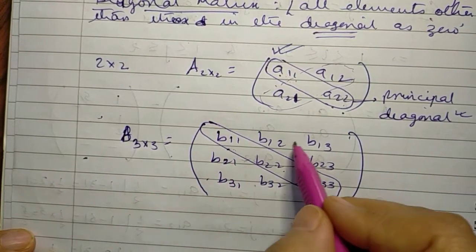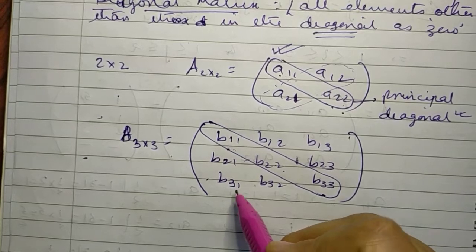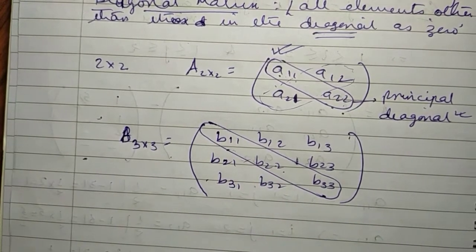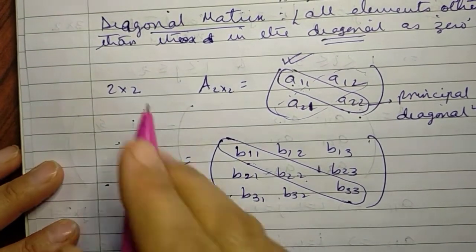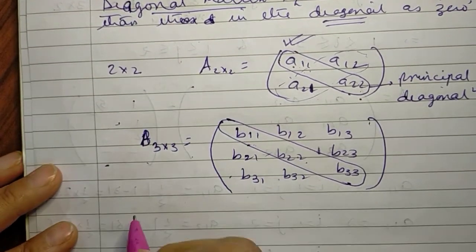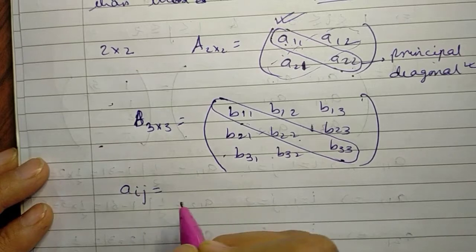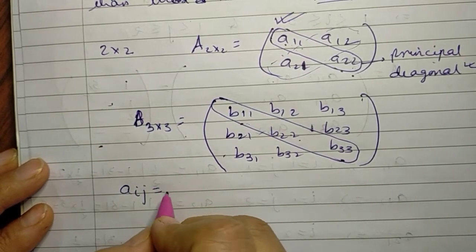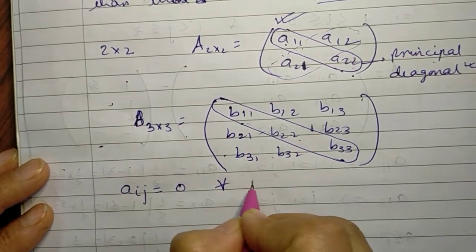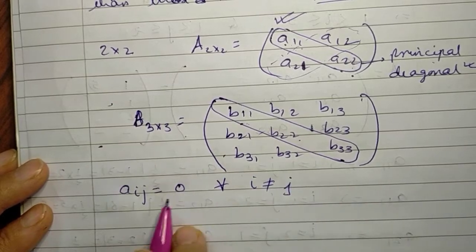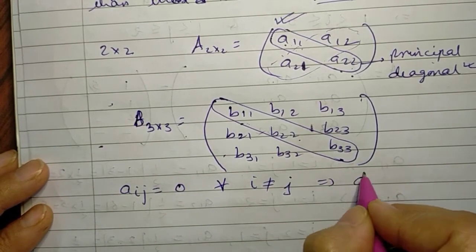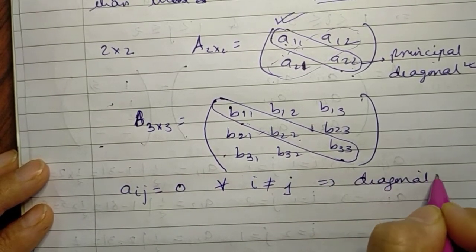The other diagonal doesn't have this quality, so we consider this as the main diagonal. So if in a square matrix aij equals 0 for all i not equal to j, then it means it's a diagonal matrix.